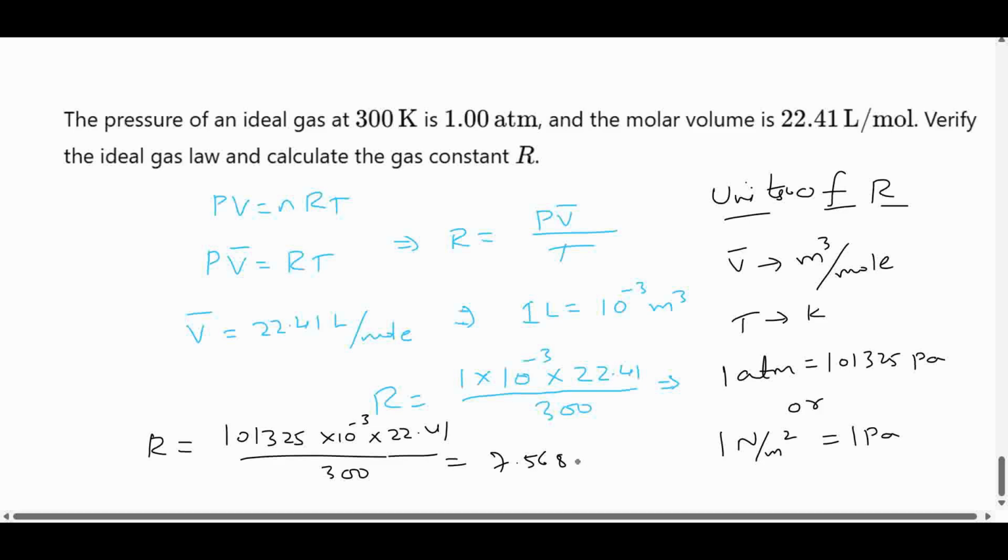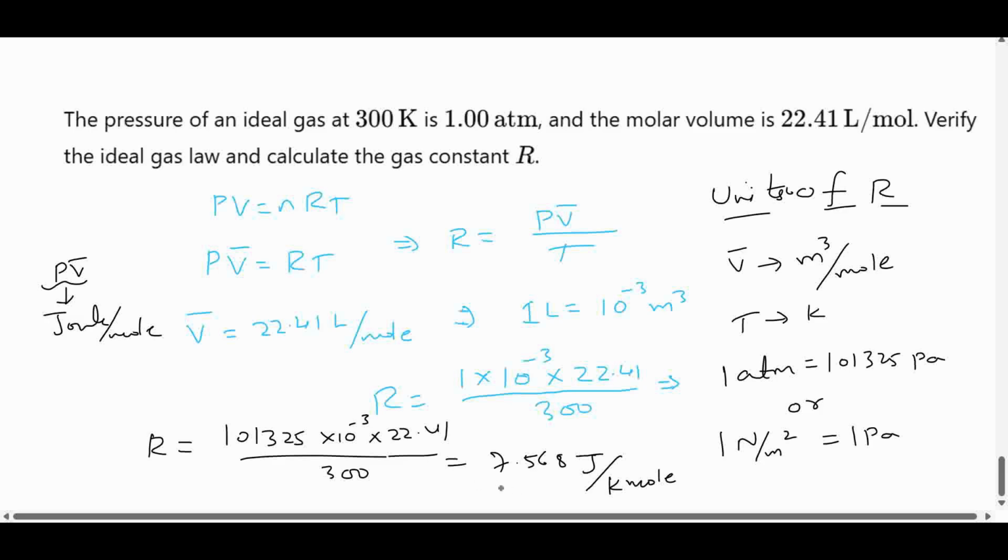Pressure times molar volume is joules, but we have meter cube per mole. Basically, P times these units is nothing but joule per mole, because PV is joules. So it is joule, and in the denominator we have temperature, so Kelvin mole. So this is how we got it.